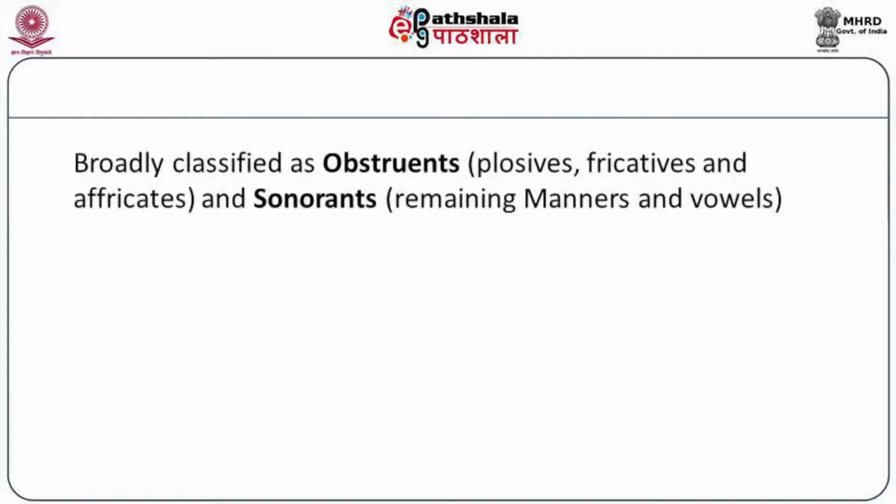Apart from these specific terms giving us different classes of consonants, we also have some general terms used these days to distinguish different types of sounds. One very broad category of distinction, apart from vowels and consonants, is that of obstruents and sonorants.